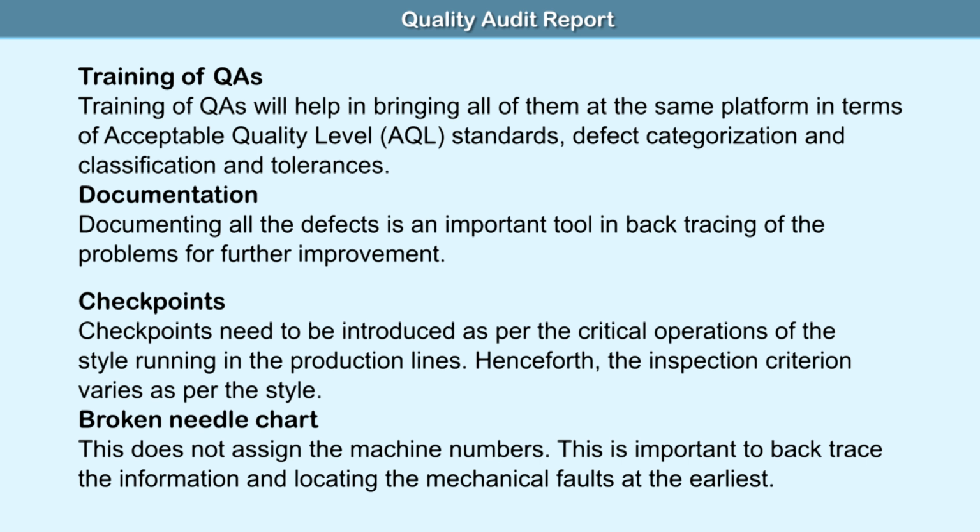Training of QAs will help in bringing all of them onto the same platform in terms of acceptable quality level standards, defect categorization and classification, tolerances, etc. Documenting all the defects is an important tool in backtracing problems for further improvement.